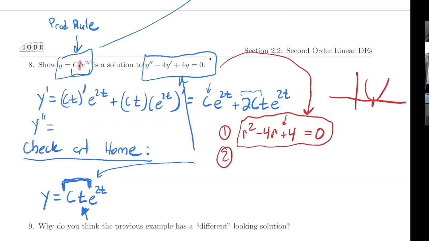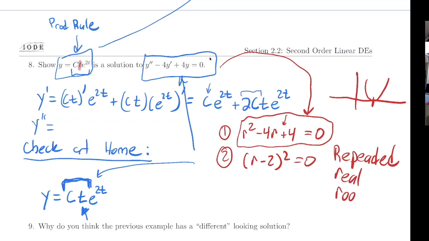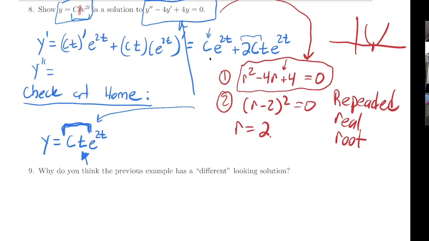If you factored this, you would factor it into (r minus 2) squared equals 0. So we have a repeated real root, which is r equals 2, and we don't have an r1 and an r2.